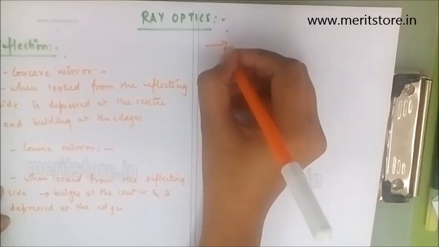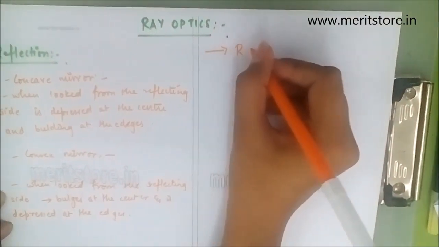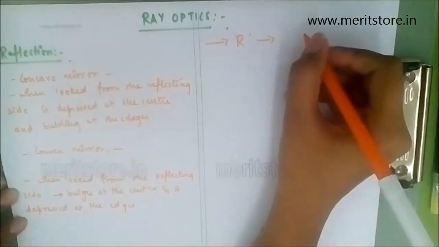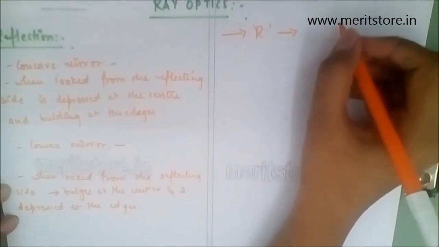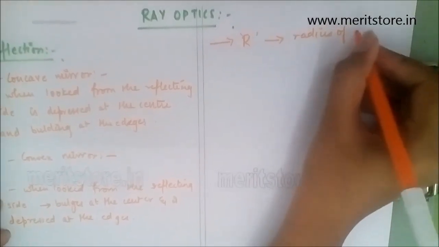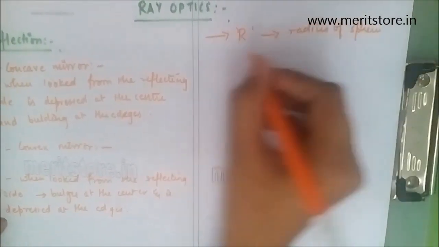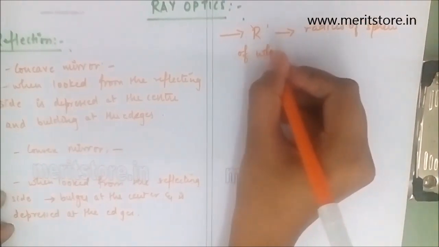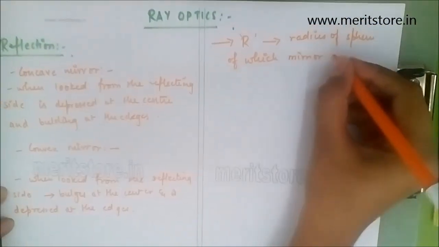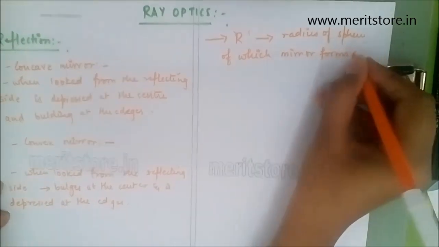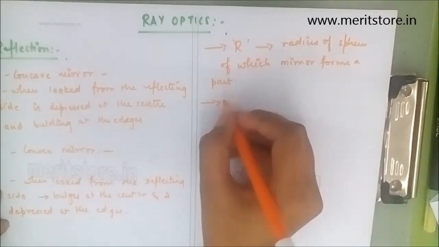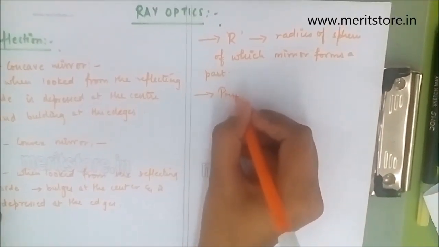What is radius of curvature, that is R? It is defined as the radius of that sphere of which the mirror forms a part. Principal focus.